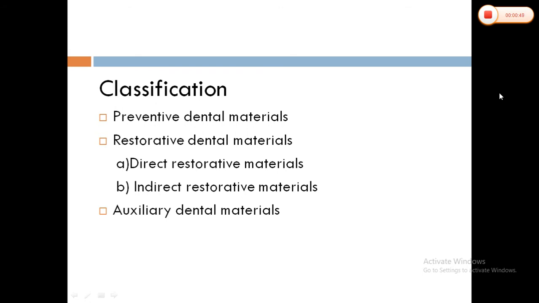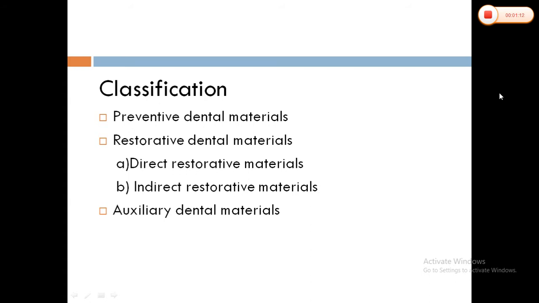As you all know, dental materials can be classified into preventive dental materials, restorative dental materials, and auxiliary dental materials. Restorative dental materials again are classified into direct restorative materials and indirect restorative materials.